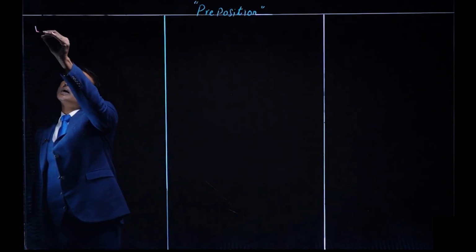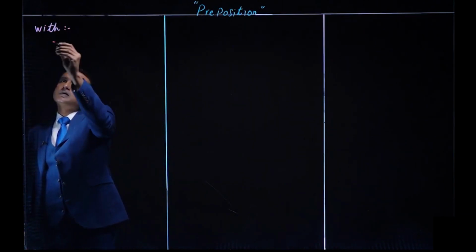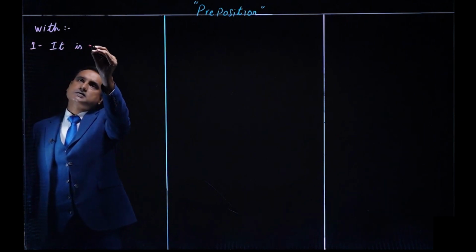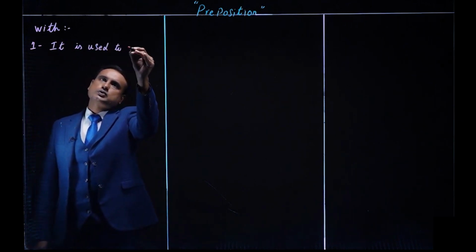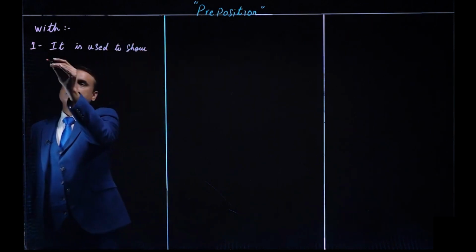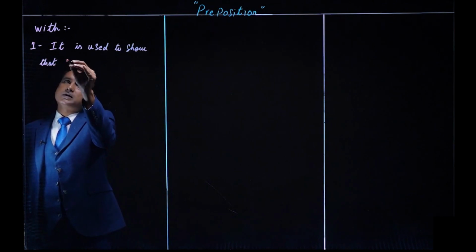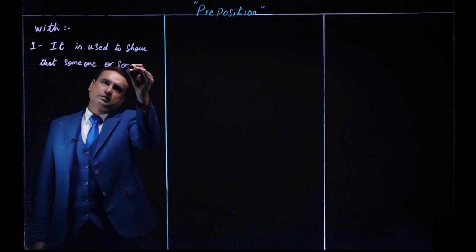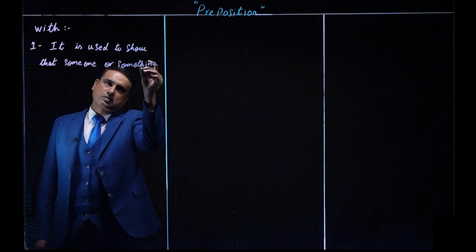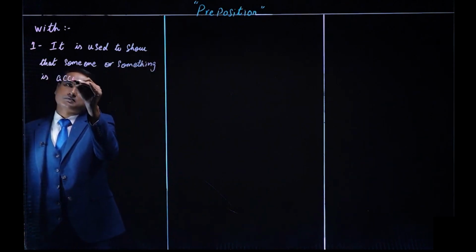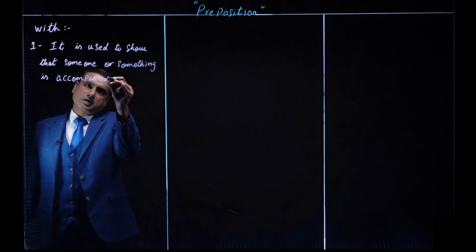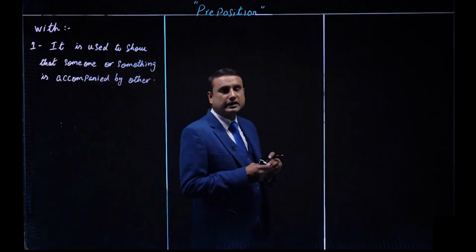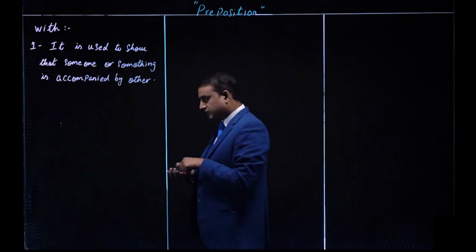The next preposition we are doing is with. Primarily it is used to show that something, or I should say someone or something, is accompanied by other. दो चीज़ों की जब हमने कुर्बत शो करनी होती है तो उसके लिए हम with यूज़ करते हैं.